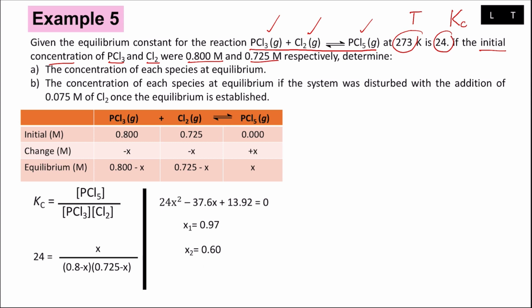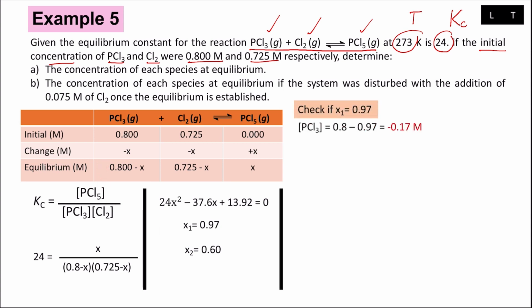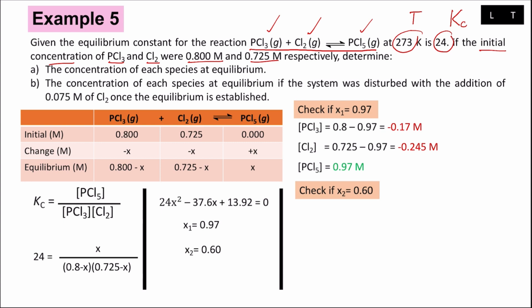So saya ada 3 species untuk this case at equilibrium. So I'm going to put the value for X1. So saya akan check dulu X1, masukkan dalam concentration for all species, saya akan dapat this value. Sekiranya saya check X2 0.60, I insert all those value, saya akan dapat this one.